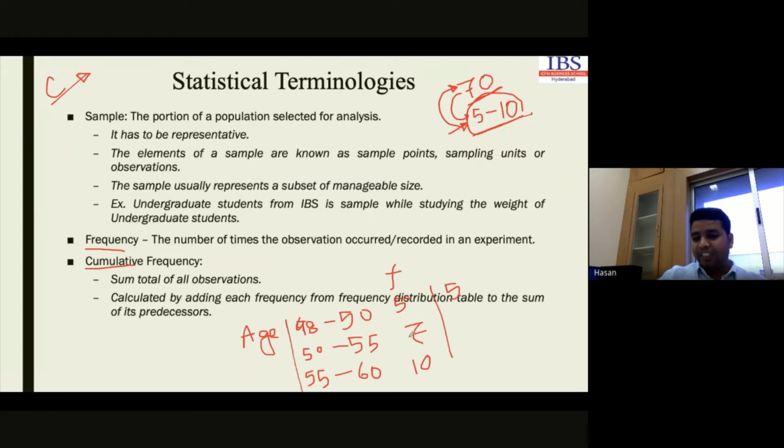For the second, the immediate predecessor is 5 and the current frequency is 7, so the cumulative frequency will be 12. For the third category, the current frequency is 10 and the previous cumulative frequency is 12, so the cumulative frequency will be 22. Is that clear?